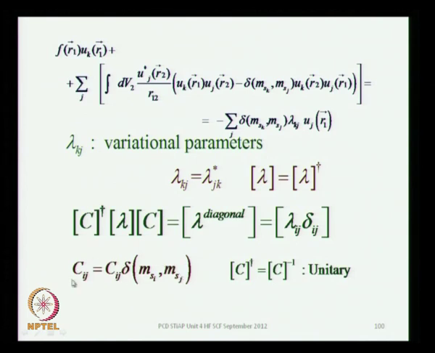Implicit to this C_ij is a Kronecker delta which guarantees the orthogonality of m_si and m_sj. So, it will be orthogonality with respect to other indices, because that is already taken care of. You are now varying the space part of the orbitals. So far as the spin part is concerned, you already know that the down spin is orthogonal to the up spin. So, there is nothing to vary there. There are only two states.